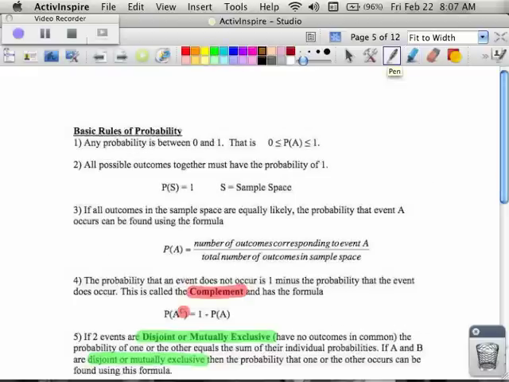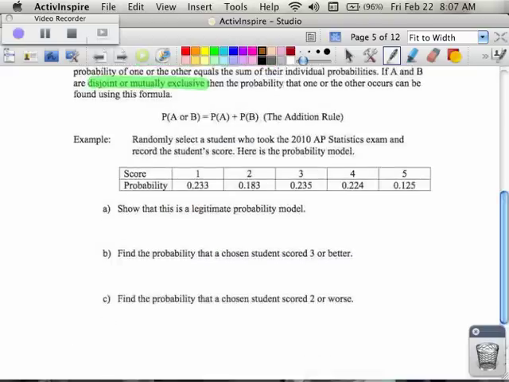In this next part here, in the example, they give us a table. These are actually the probabilities from AP Statistics, probably from last year's test, of getting a 1, 2, 3, 4, or 5. So as we look at, just for our own sakes, what's the likelihood that we, as a class, are going to do well, by my definition of well, there's a 23.5% chance you'll get a 3, a 22.4% chance you'll get a 4, and a 12.5% chance that you're going to get a 5.